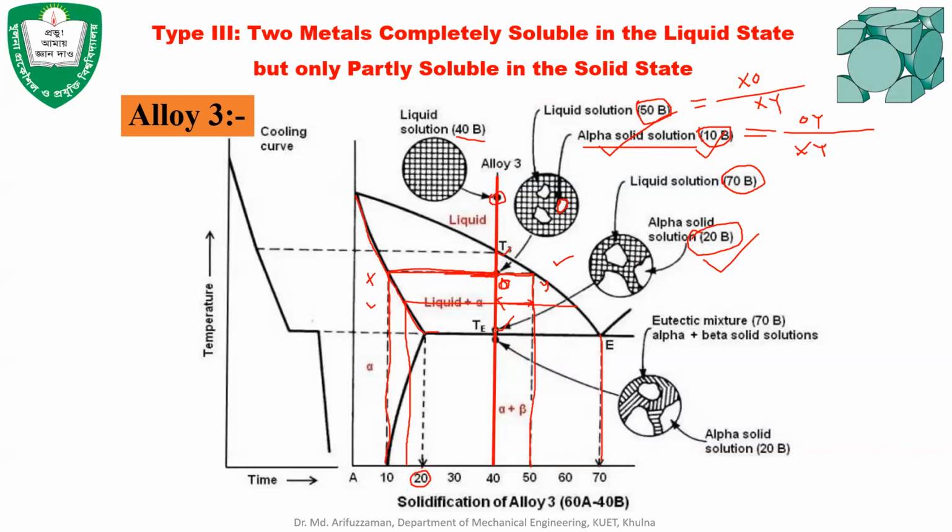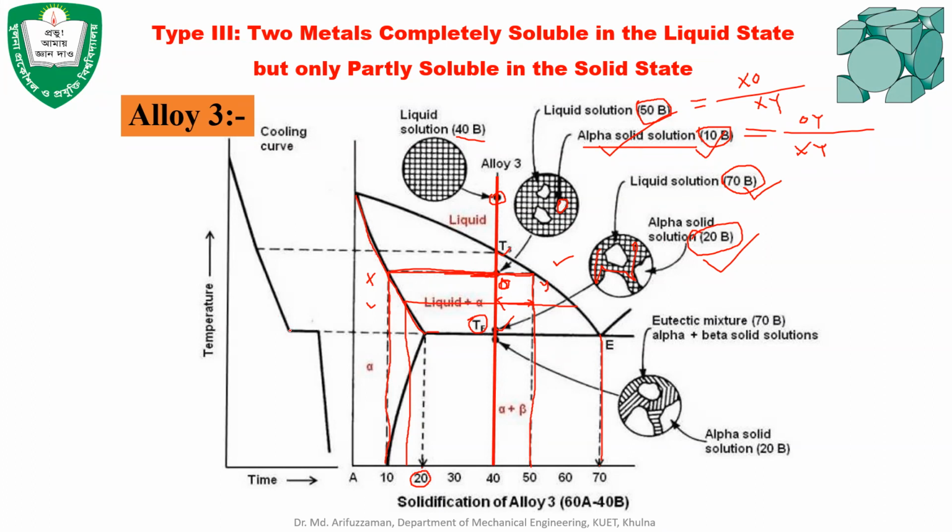When the temperature TE is reached, the chemical composition of the liquid is 70% B, and 70% B is the eutectic composition. Since 70% B is the eutectic composition and the temperature is at TE, that means at the eutectic temperature, the rest of the liquid that is present in here will solidify according to the eutectic reaction at a constant temperature.